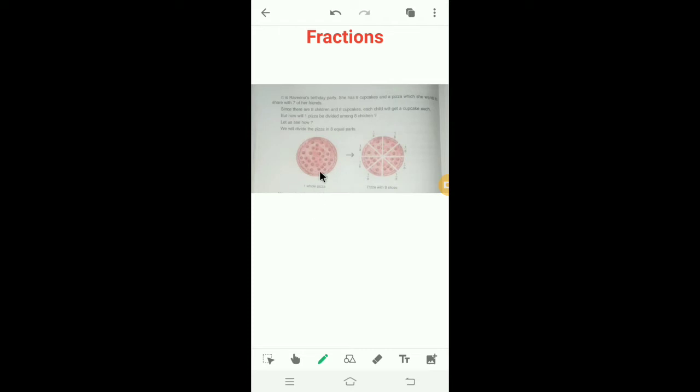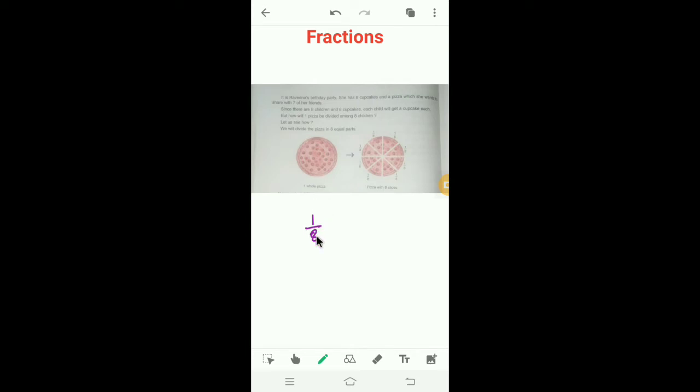When the pizza is divided into 8 equal parts, then each part is known as 1/8 of the whole pizza and is represented as 1/8. That is, one pizza divided into 8 equal parts.